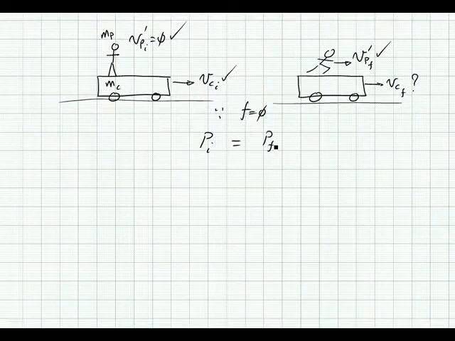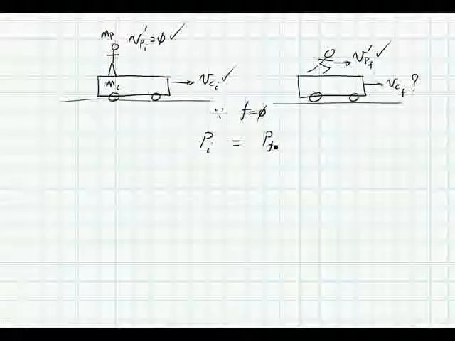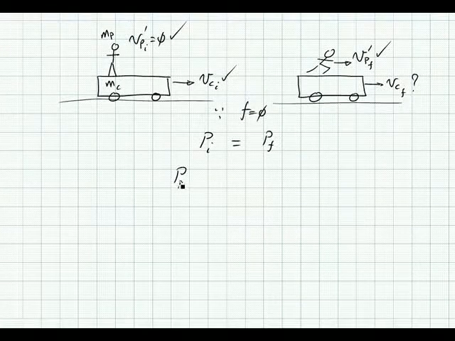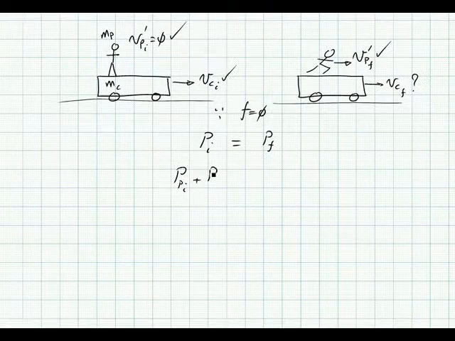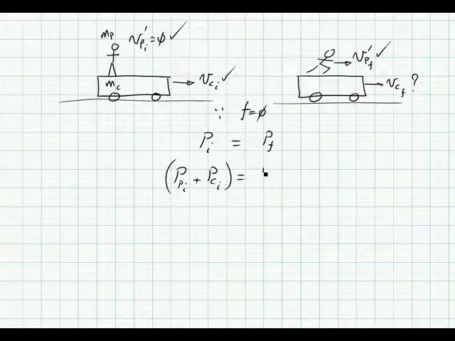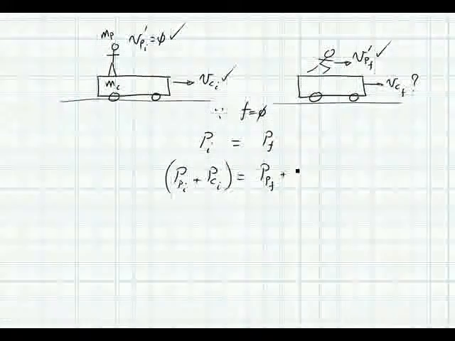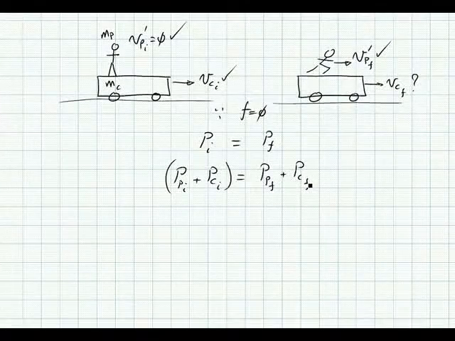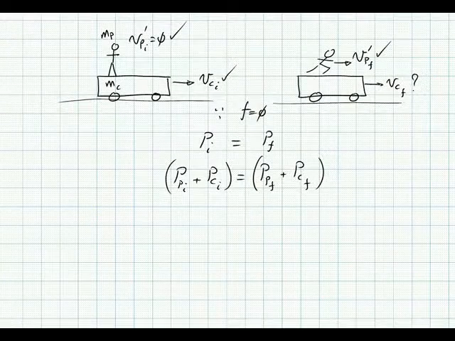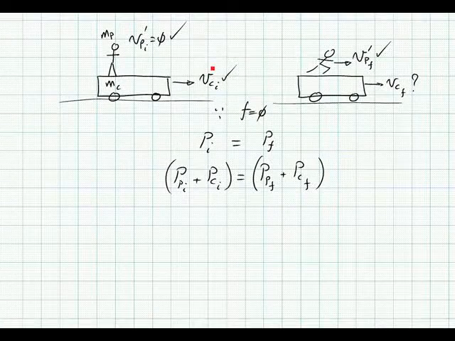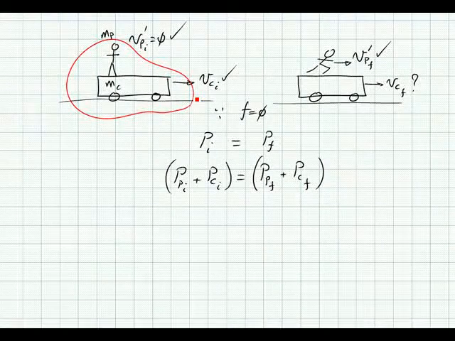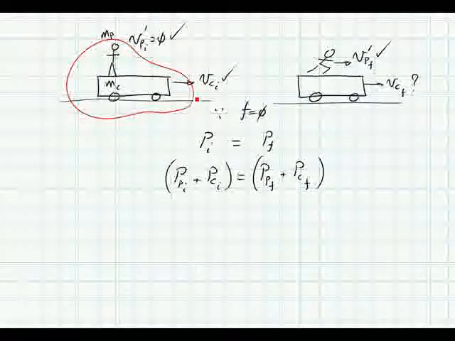Now momentum initial is the momentum of the person initial plus momentum of the cart initial, which must equal momentum of person final plus momentum of the cart final. What you need to do is define your isolated system, and an isolated system of course includes both the person and the cart together.